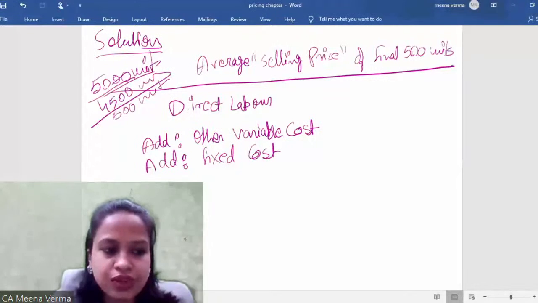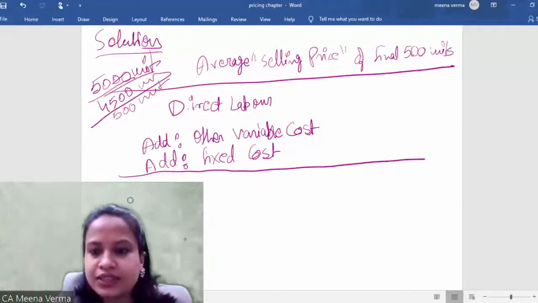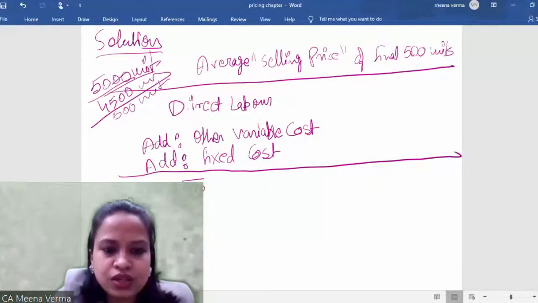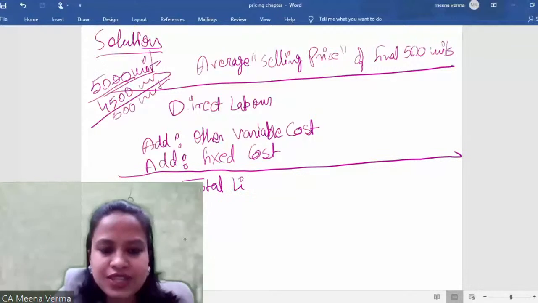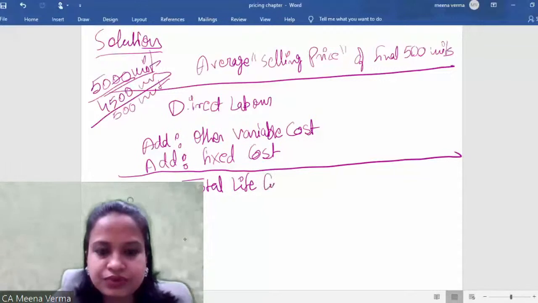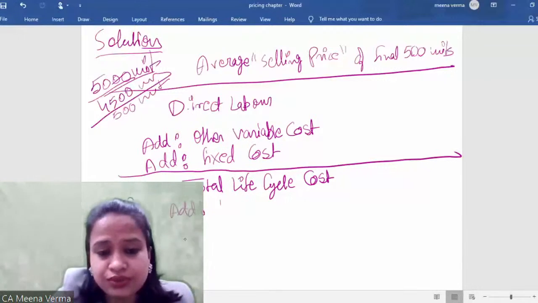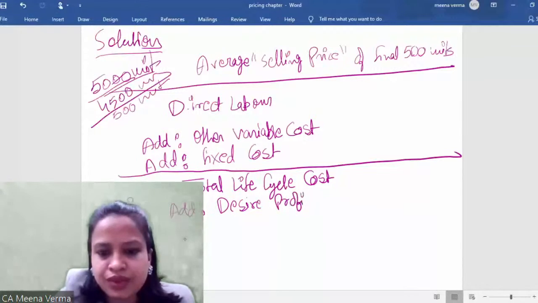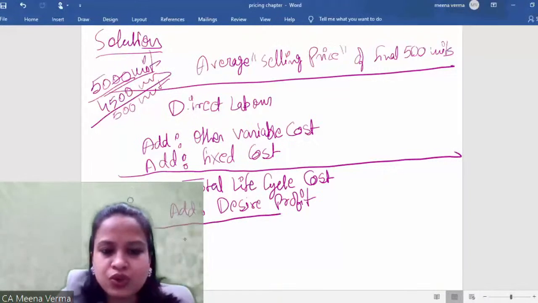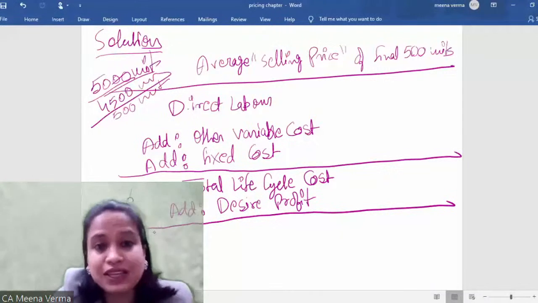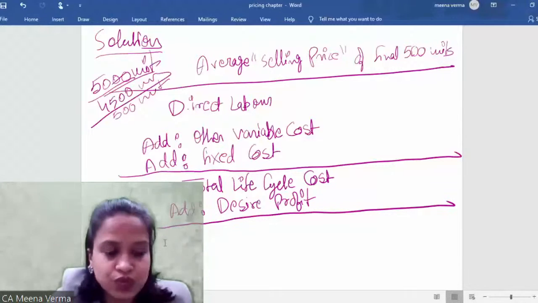We will consider all costs, and in this way we will find the total life cycle cost. Then we will add our desired profit, the profit which we want to earn. In this way we will get the expected sale value for 5,000 units.